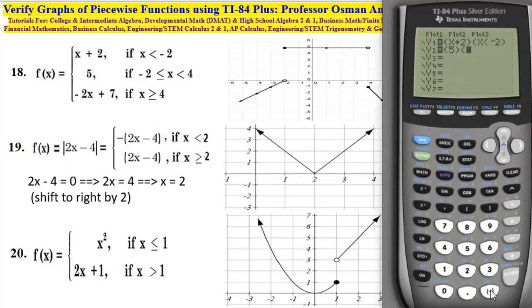So that is minus 2 is less than x, and x is less than 4.